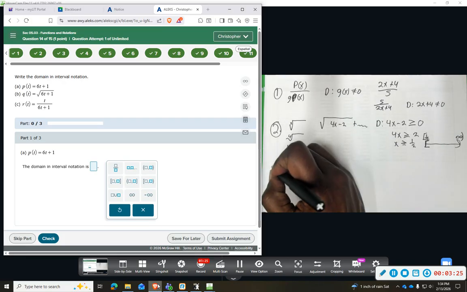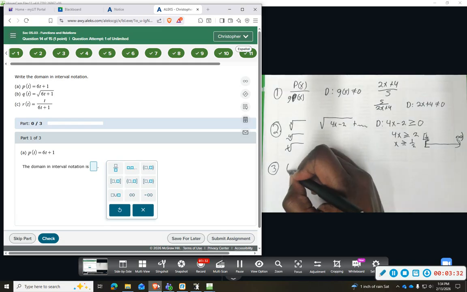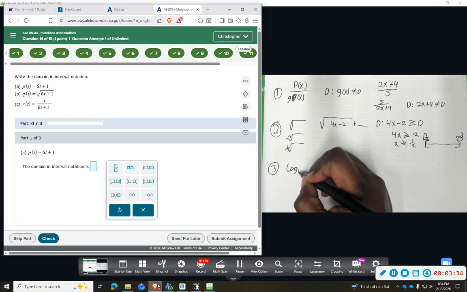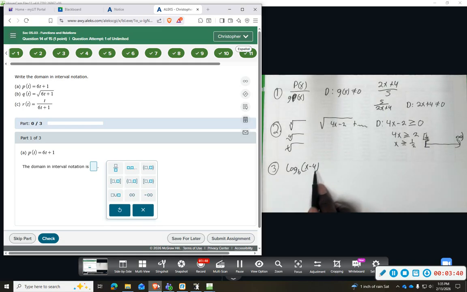The third case, which you won't see till later on in the semester, is a logarithm. So if we're doing log of some base and some expression, x minus 4, for example, whatever we're evaluating the log of, that expression has to be strictly greater than 0.